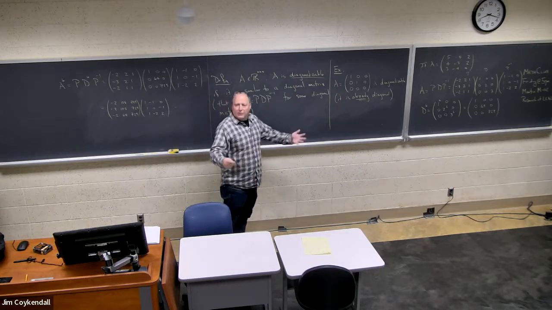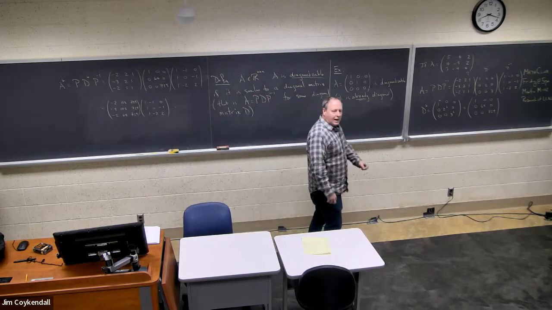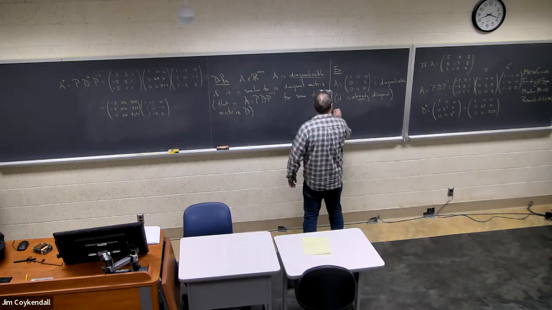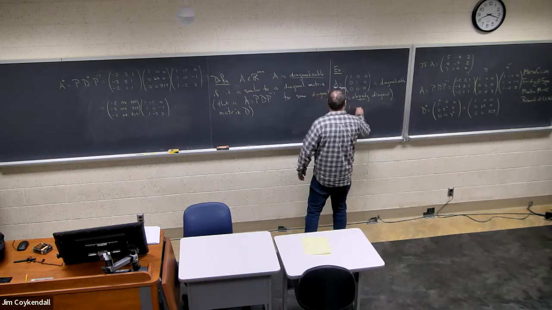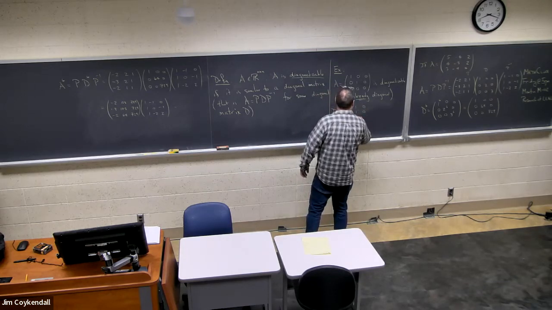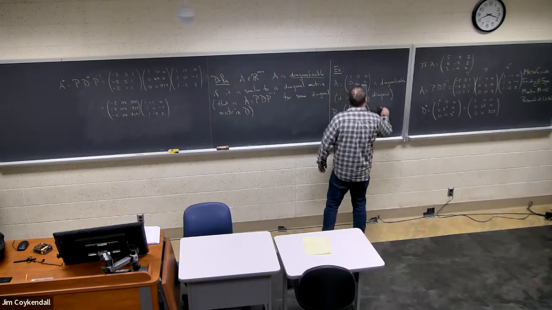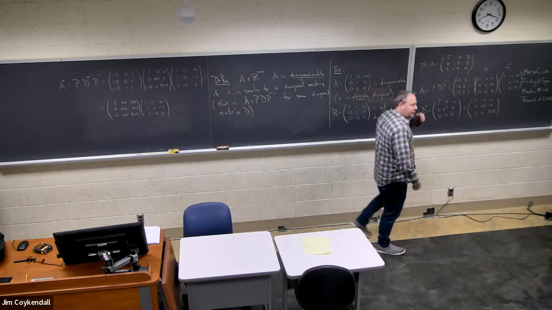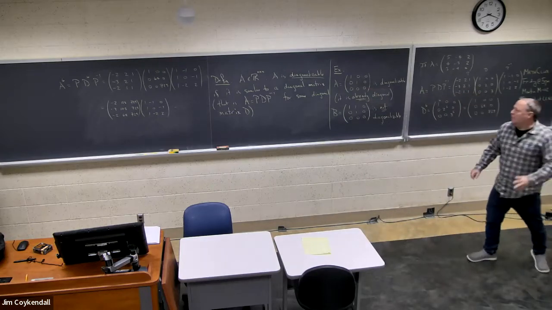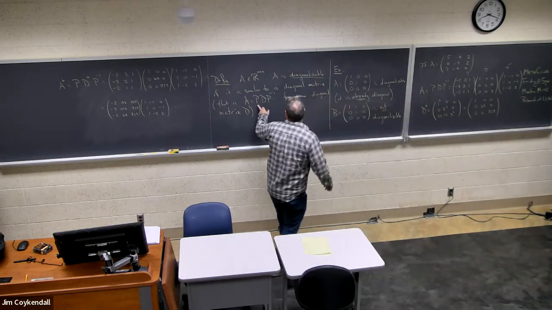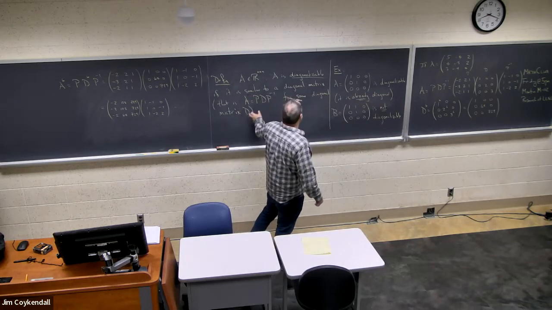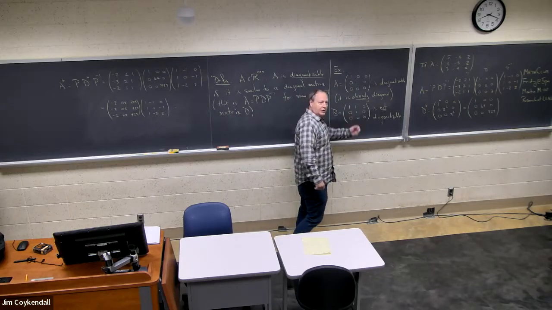It's already diagonal, so of course it's diagonalizable. But I don't have to change this very much to make this not diagonal. This one is not. Not only is this matrix not diagonal, but you can never find an invertible matrix P and a diagonal matrix D such that this matrix is conjugate. Can't be done.